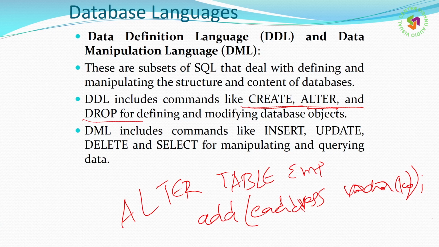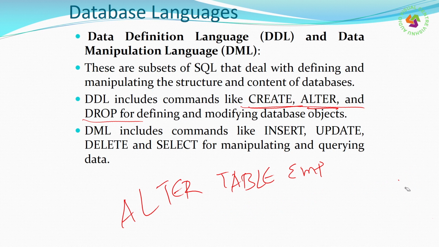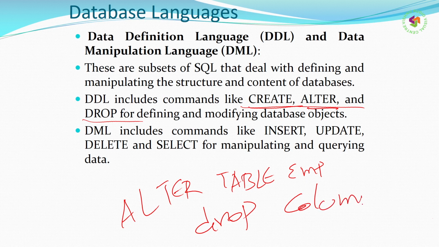This is the syntax for adding a column using the alter command: alter table, table name, add, then the variable name and its data type. Like this, you can add any number of columns to the table. In the same way, you can remove columns using alter: alter table, table name, drop, column name.